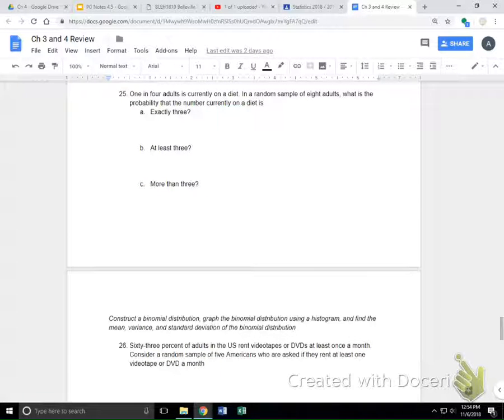Okay, so 25, we want to identify some values. First off, we are interested in adults, n is 8, and then we want exactly that one of them is on a diet. So probability 1 in 4 is on a diet, so 0.25. So probability of exactly 3 equals 8 choose 3.